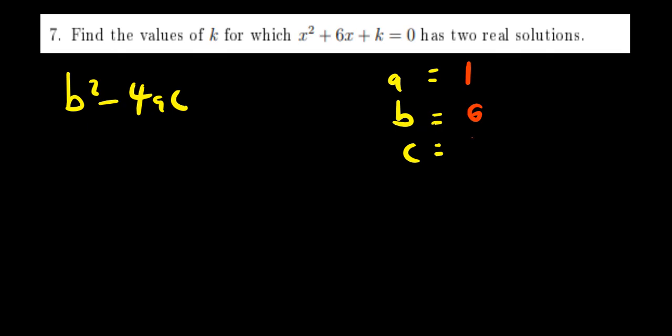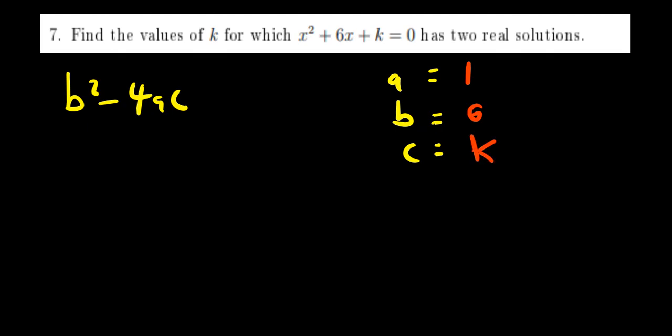So what are we now going to do? Your discriminant is b squared minus 4ac. Let's find the values of a, b, and c in our equation. Our a is 1, our b is 6, our c is k.